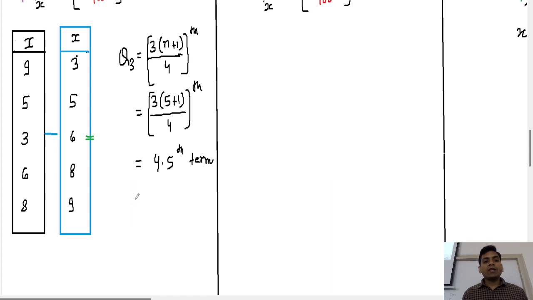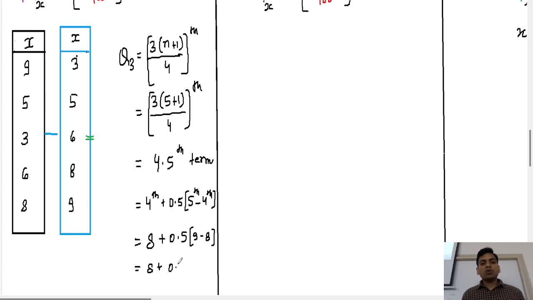So you write the fourth term plus 0.5 of the fifth minus the fourth term. The fourth term is 8, and the difference is 9 minus 8, that is 1. So this is 8 plus 0.5 into 1, which equals 8.5. This is quartile third.